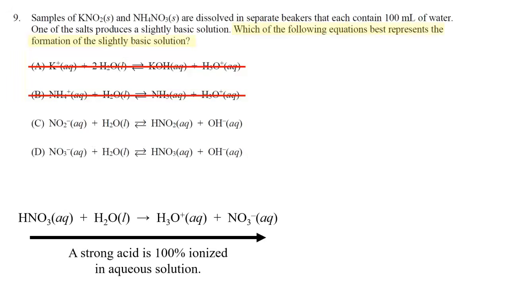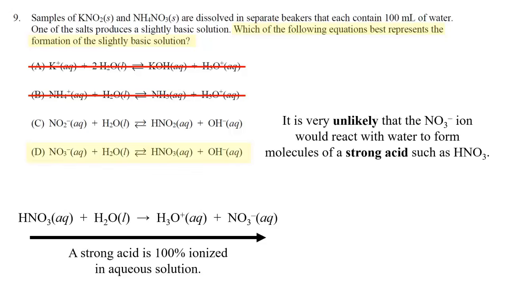So now take a look at choice D of question 9. In choice D, it shows the nitrate ion, NO3-, reacting with water to produce the molecular version of HNO3, which is classified as a strong acid.